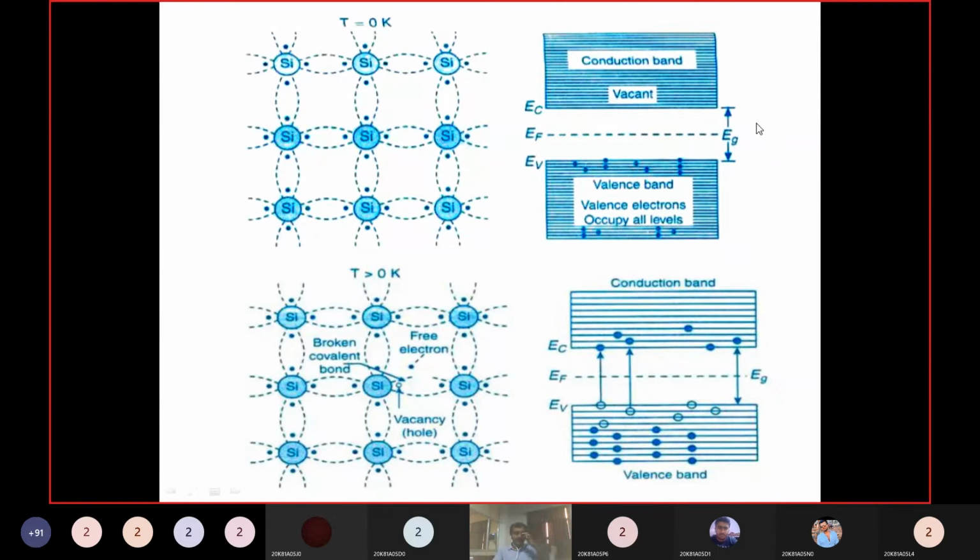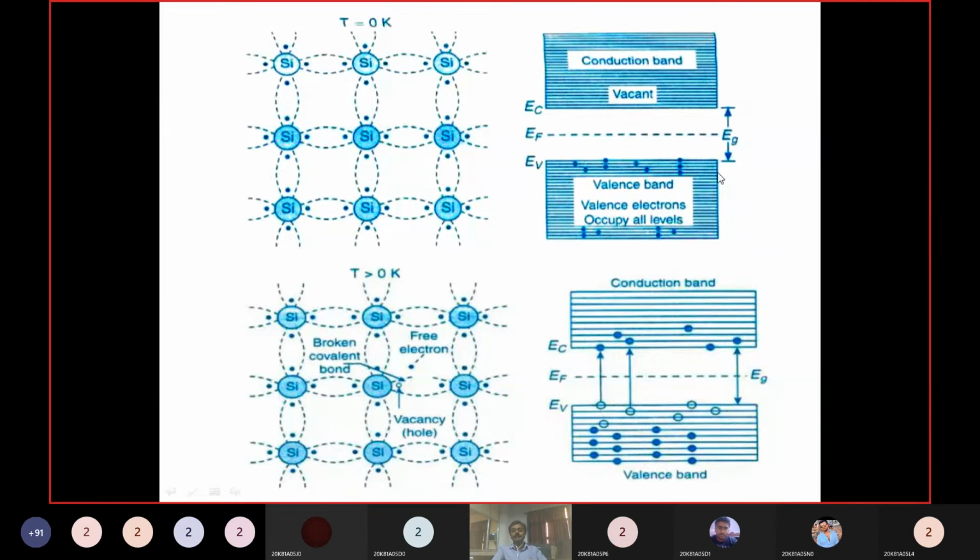Now coming to semiconductors and insulators. In semiconductors, the energy gap between the valency band and conduction band is very small. If you take germanium, it is 0.7 electron volts. For silicon, it is 1.21 electron volts.